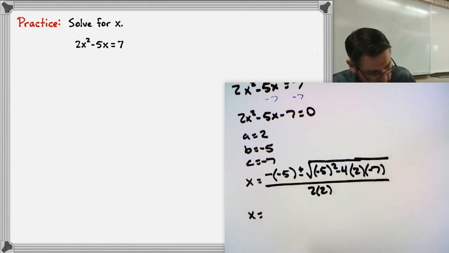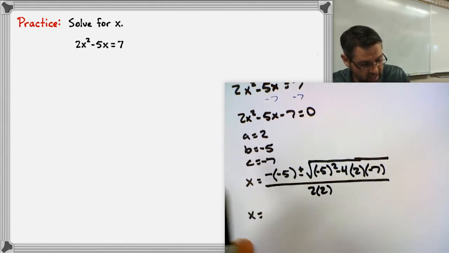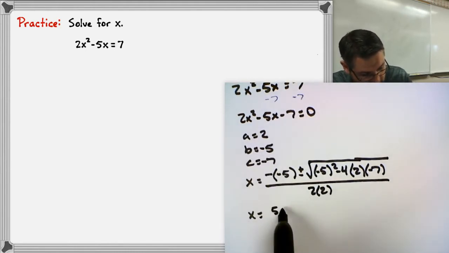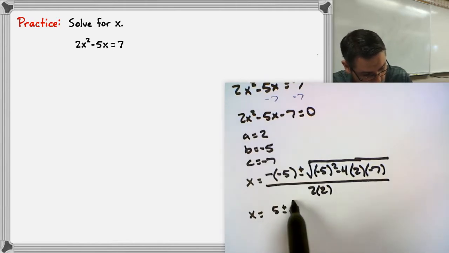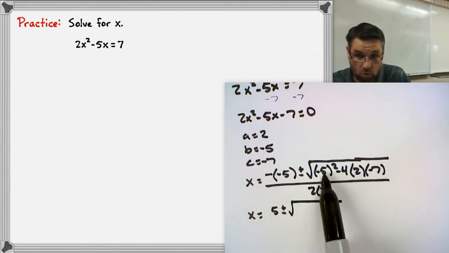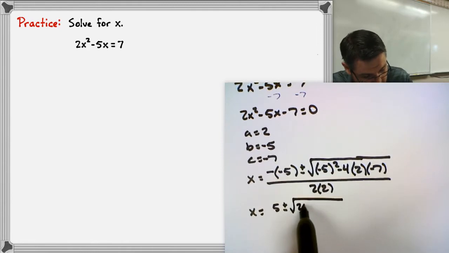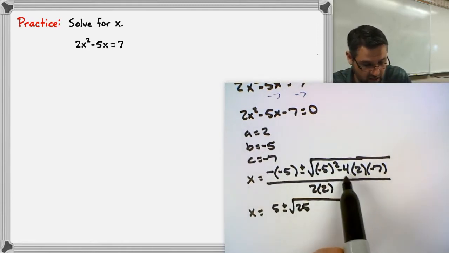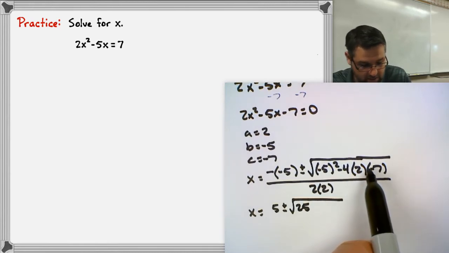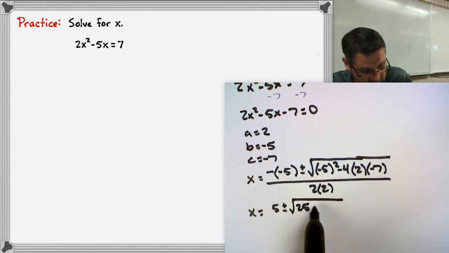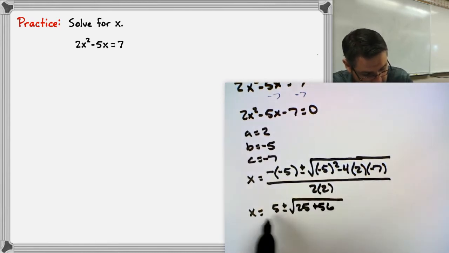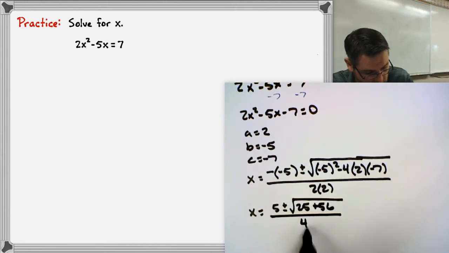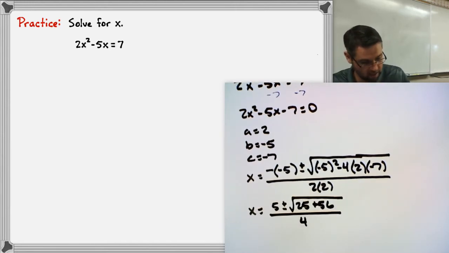Remember, parentheses around everything. Then we're going to do the negative 5, that's going to be 5, plus or minus the square root of, we're going to square the negative 5, so that's 25, and we're going to multiply the negative 4, the 2, and the negative 7. Negative 4 times 2 is negative 8, times negative 7 is positive 56, and then over 2 times 2 is 4. So there we have that.